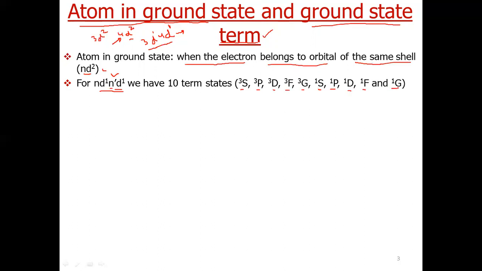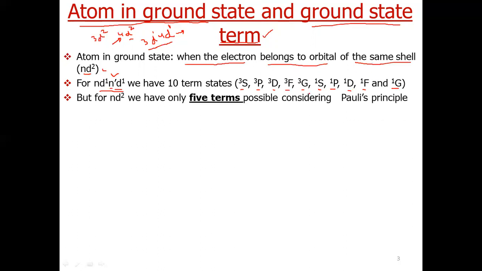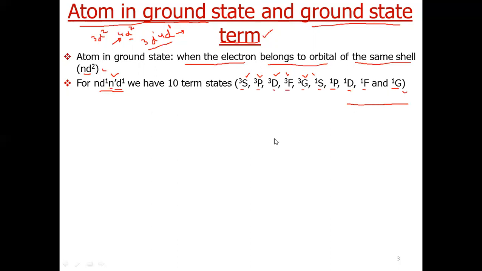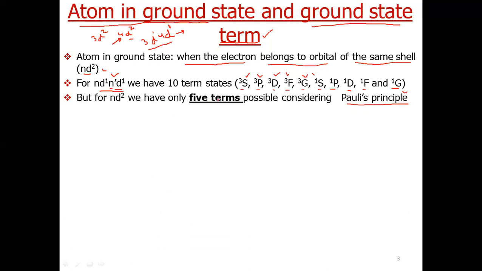But for an atom in ground state, all these terms are not possible, because Pauli's exclusion principle is now applicable, and it limits the number of term states. So when the atom is in its ground state, we have only five terms.